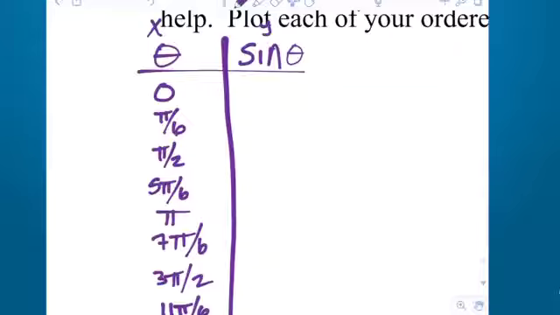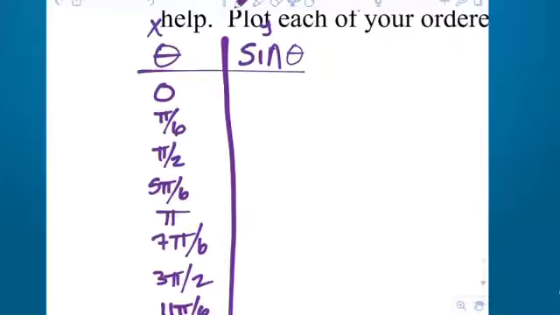What would the units of our y column be once we fill it in? What are the units of sine of theta? There's no units, right? Because again, it represents a ratio of 2 of 3 sides of a right triangle. And if the triangle did have units, it would be like feet divided by feet. What happens? They divide out. So when you use radians, you always have a unitless input. The sine, cosine, tangent, secant, all those 6 trig ratios, they're already unitless. So our x and y axis are going to have no units at all.